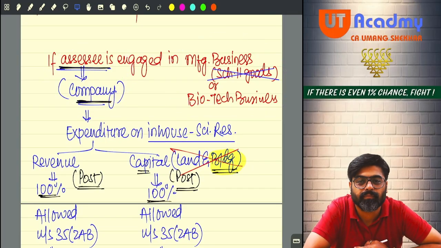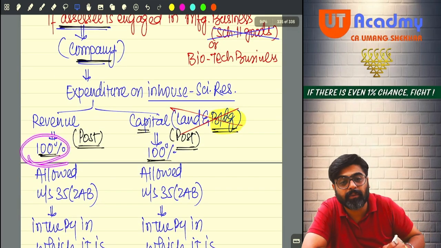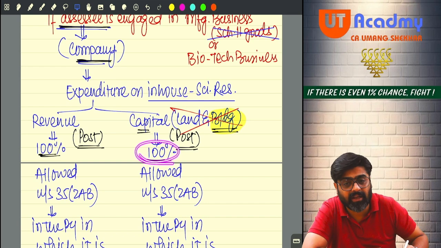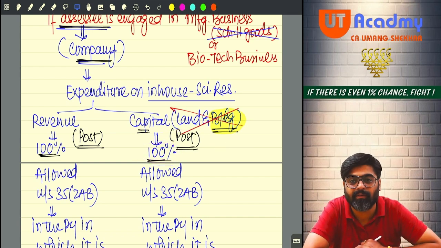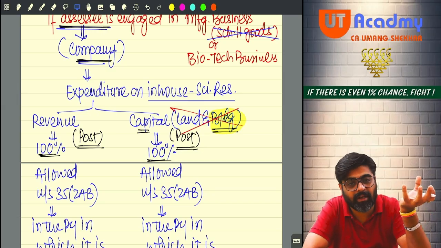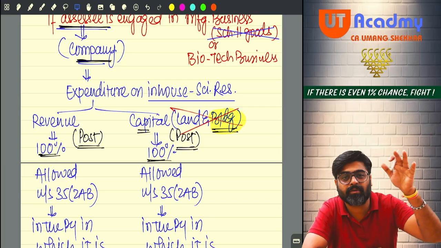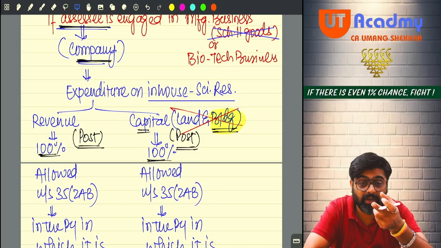Getting my point? So this company used to claim 150% of revenue expenditure, 150% of capital expenditure other than cost of land and building. So all the assets, whatever capital expenditure is incurred, 150% of that is allowed here. But what about the building?